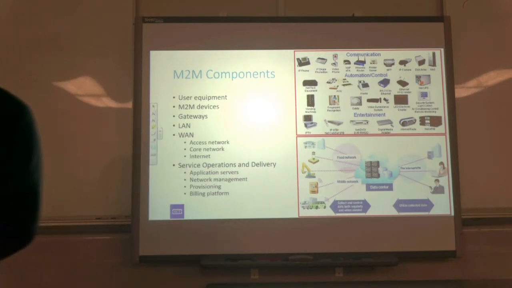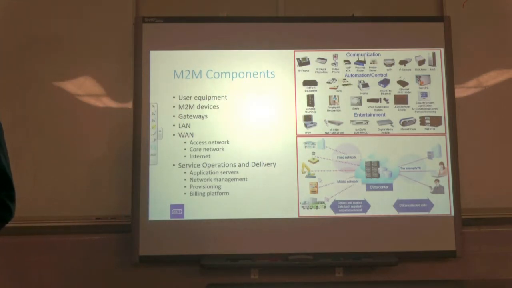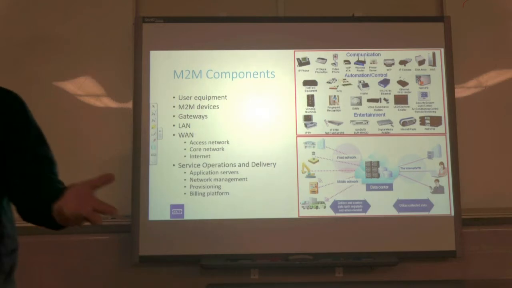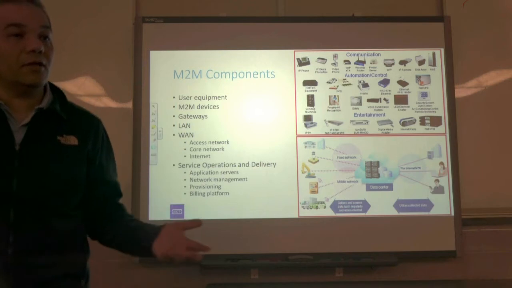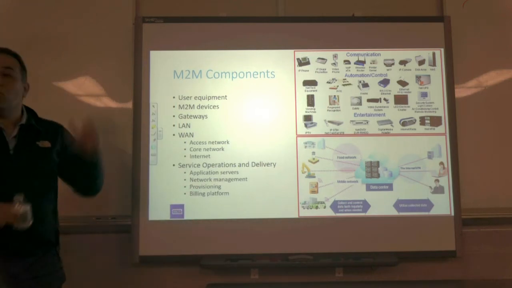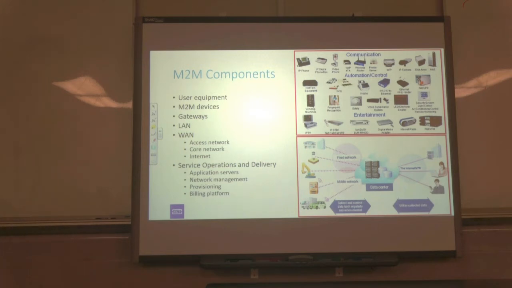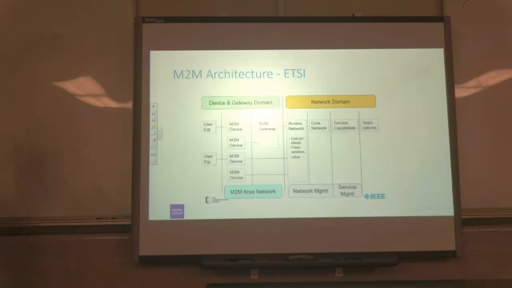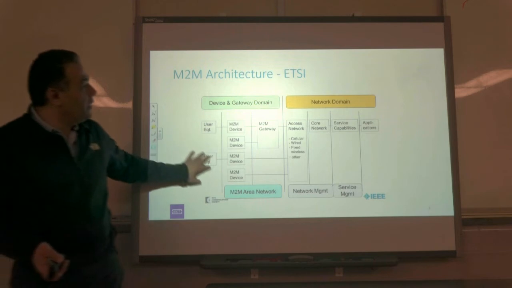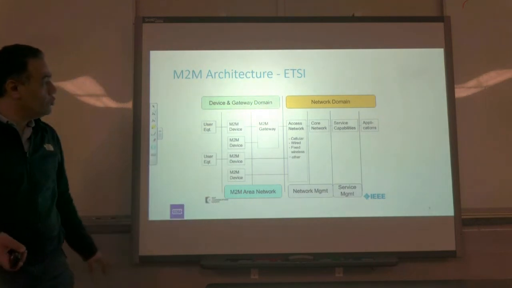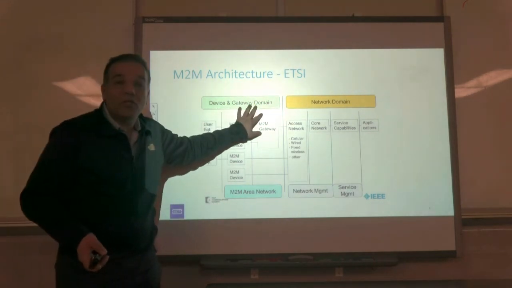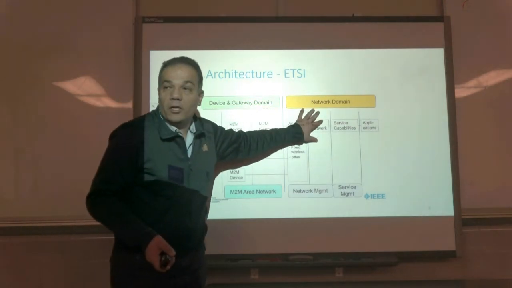If you are provisioning a device, your invention, to the market, don't you have to think about what kind of network you're going to connect to and how you're going to connect it? There are so many details you have to worry about. So we spoke about ASTI, one of the architectures. There is a device and gateway domain, and there is a network domain.